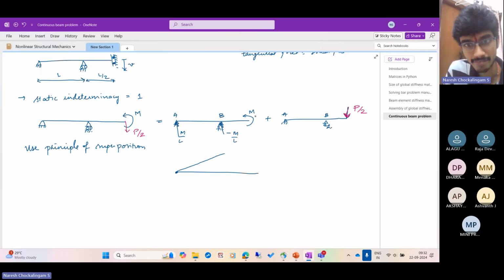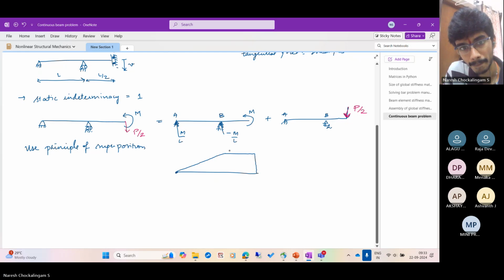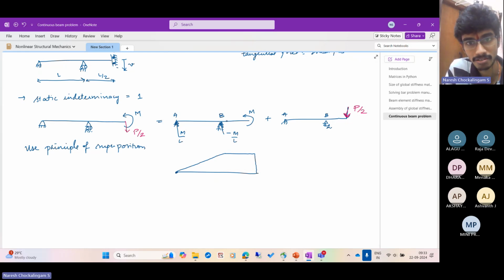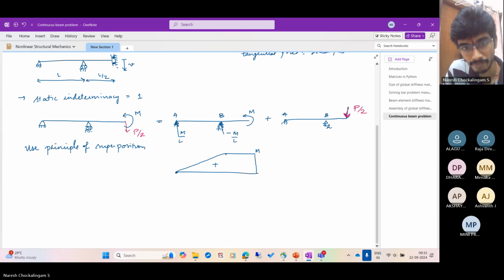If you see a section from the right, it's under constant bending moment. So these two will cancel out. There'll be zero shear force in this span, and the bending moment will be constant. So this is the bending moment diagram. This is L by 2, and this is L.